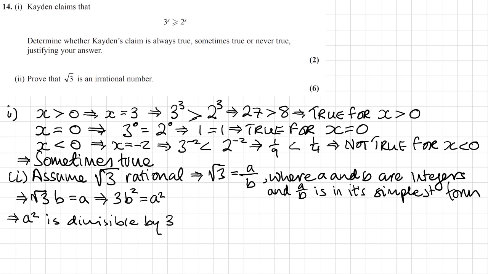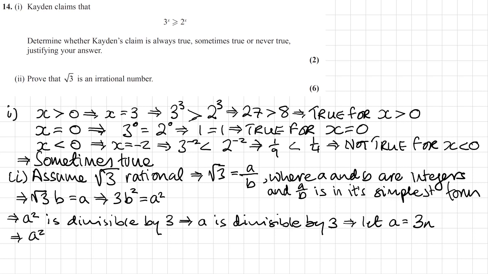Now if a squared is divisible by 3, that means that a is also divisible by 3. Now if a can be divided by 3, you can write it as 3 times something. So we'll let a equal 3n. So that means that a squared is equal to 3n all squared.